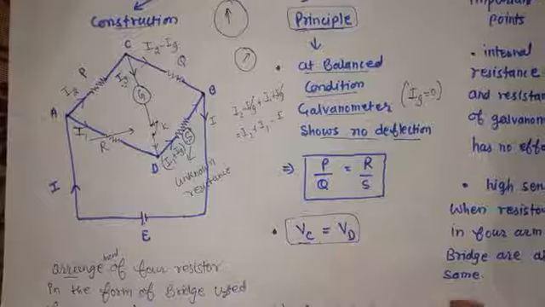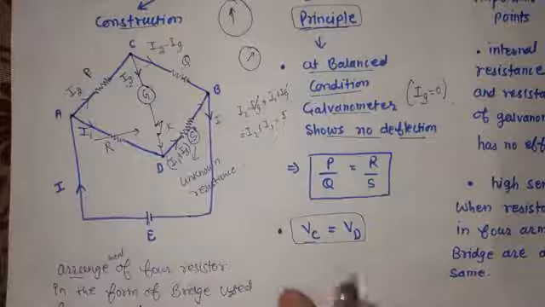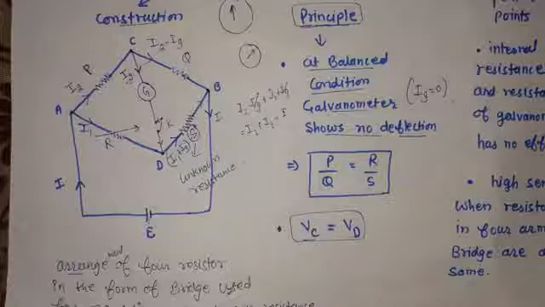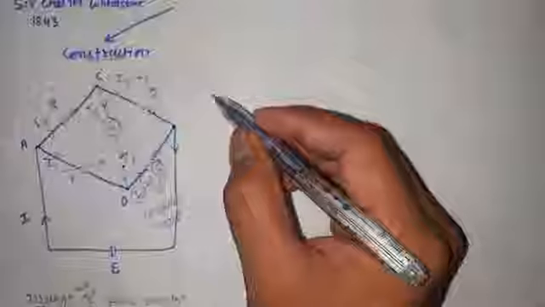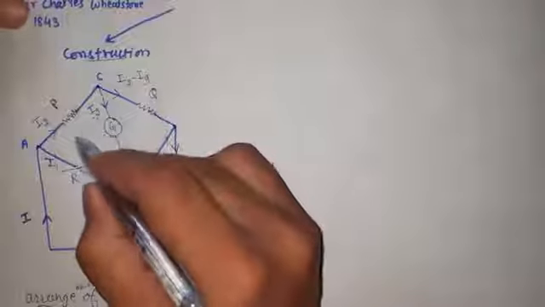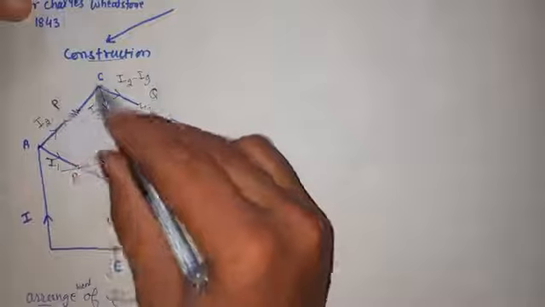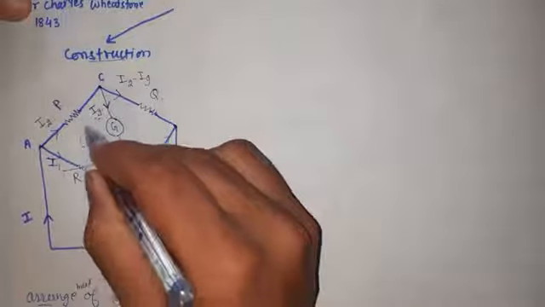Now let us prove that P by Q equals R by S. Let us apply Kirchhoff's voltage law, also known as the closed loop law. Here I am going to consider two closed loops.